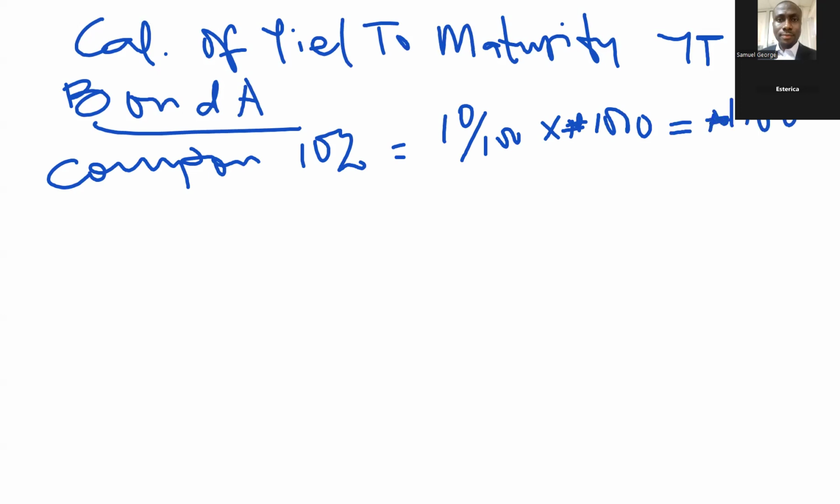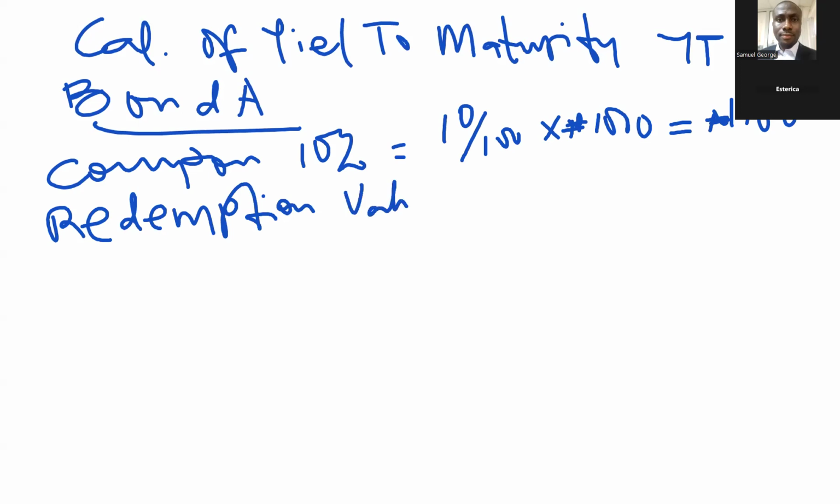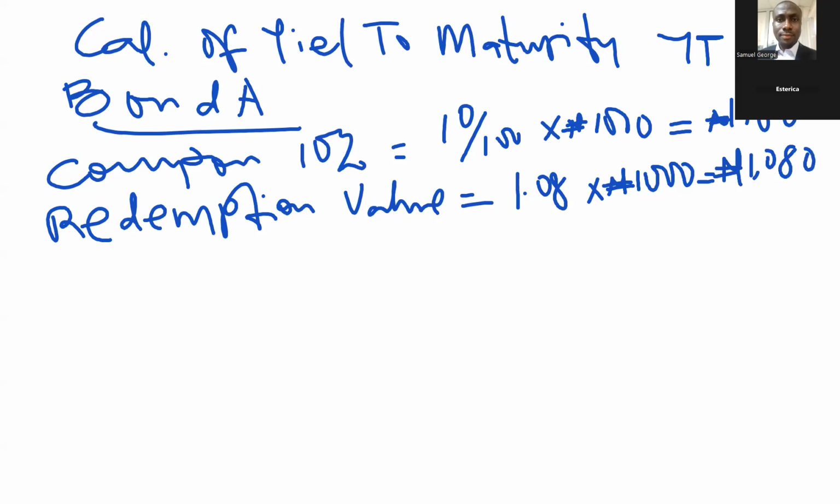That's our coupon. Redemption value. I said we need redemption value. Now, at 8%, 1.08 times 1,000 naira equal to 1,080. And I said we need market value of the debt or issue price.